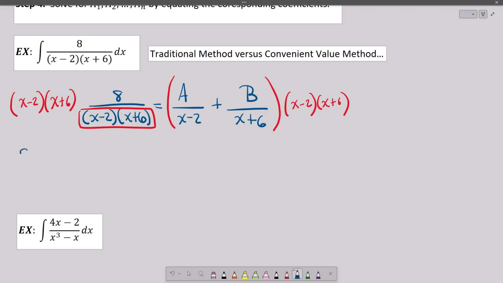On the left side, you just get 8. You multiply by that denominator so they cancel. That's our strategy: clear the fraction.